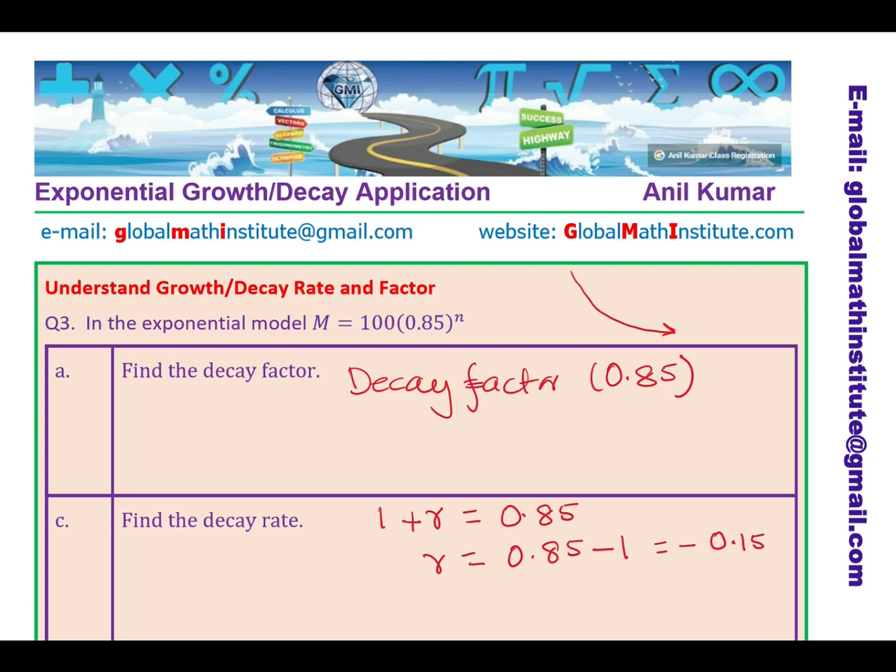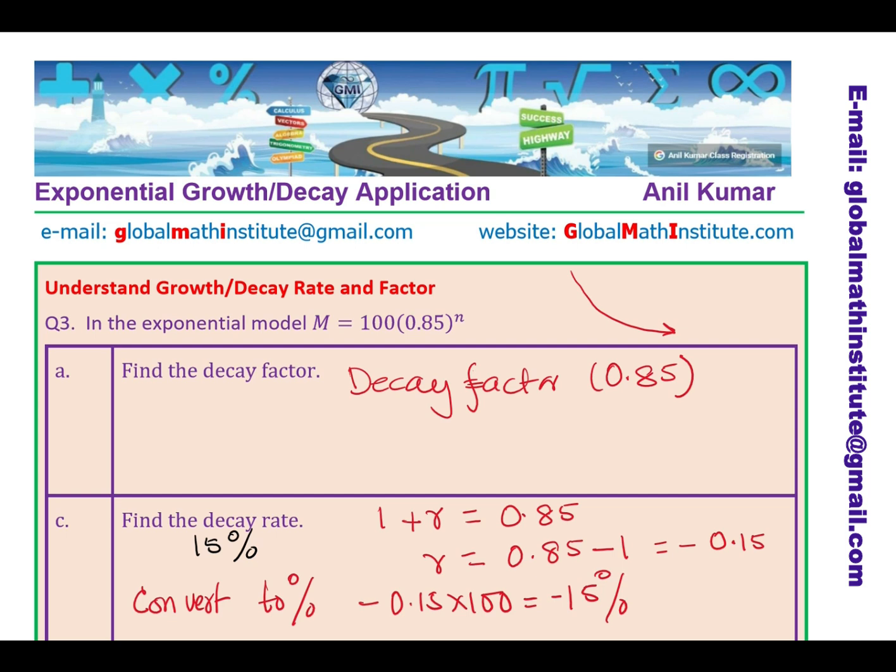It is decreasing by this amount. So convert that to percent. So we get minus 0.15 times 100. So it becomes 15%. Minus means decay. Therefore, we can write down that the decay rate is 15%, right? So that is how we will find the decay rate from the given equation.